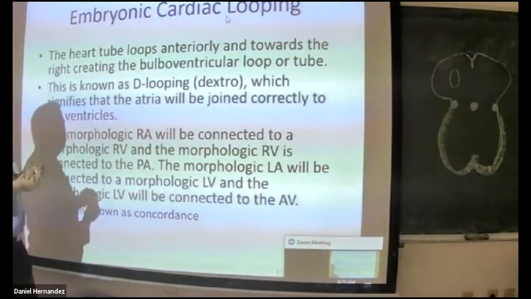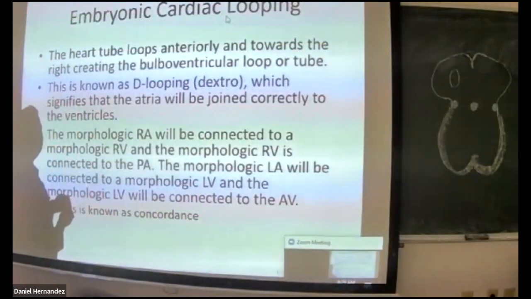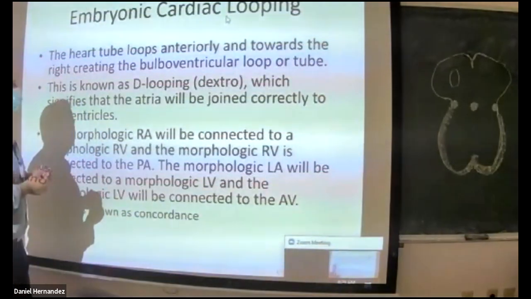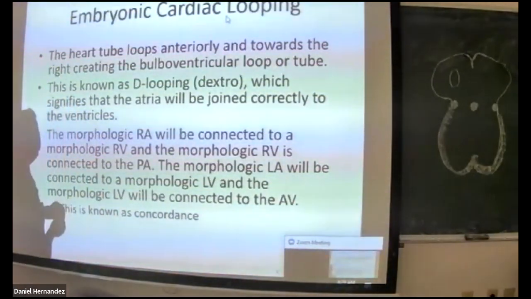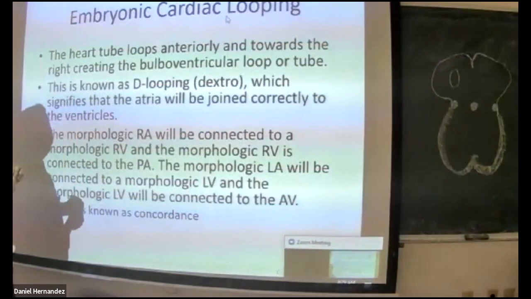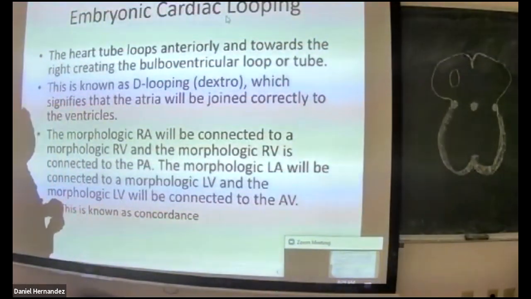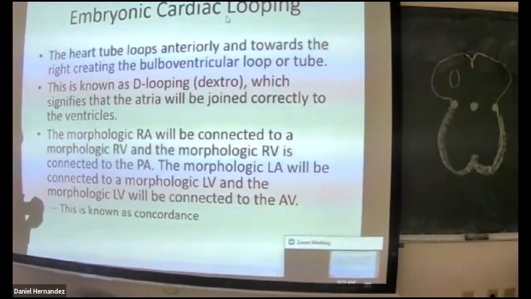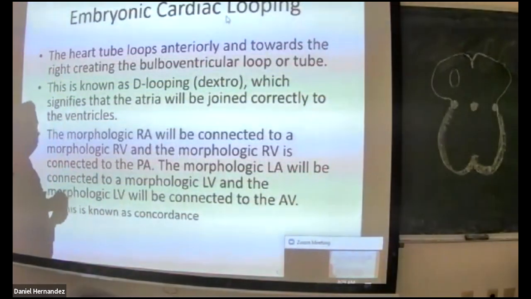We can have malrotation of that heart, which we'll get into a little bit later. That's called L looping or levo looping. With D looping, this signifies that the atria will be joined correctly to the ventricles.